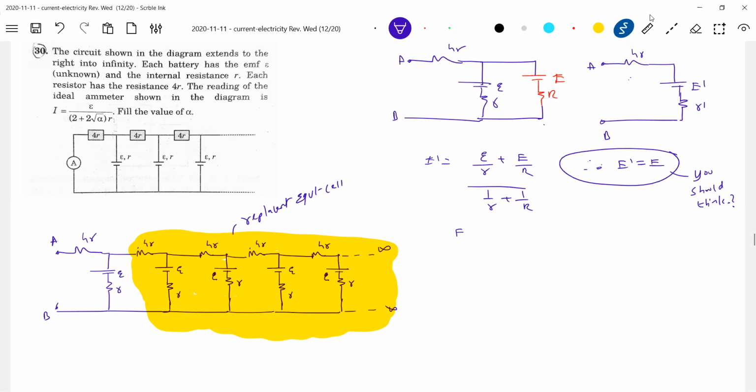Okay, now put it, this will be E equal to... so E by R gets cancelled. So what do we get? E equal to this much. So what we have replaced now, finally, shall I say this is also equal to EAB?